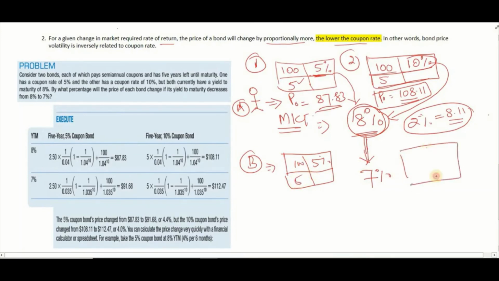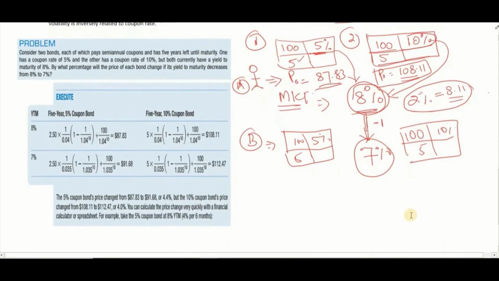So let's understand this first. It would be easy. Now the market is offering you 7%. So the interest rate has decreased from 8% to 7%. Which of these two bonds will be affected more?